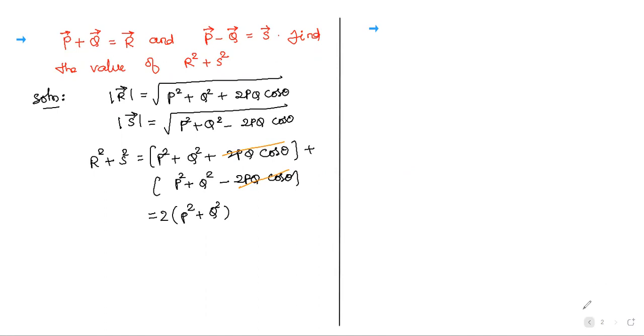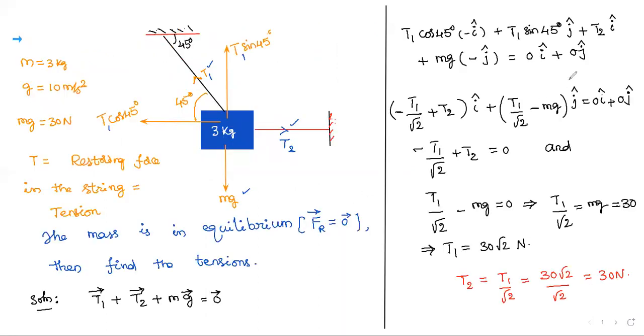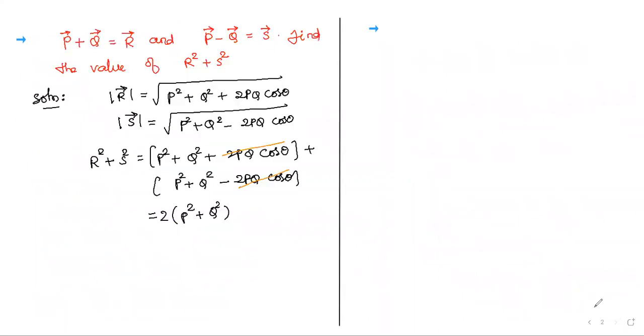Equilibrium means, remember Rana? Equilibrium means sum of all the forces is equal to 0. Remember this concept? Related to equilibrium, again I am giving one question here. There are 3 forces that are F1 bar, F2 bar and F3 bar. 3 forces are given here.